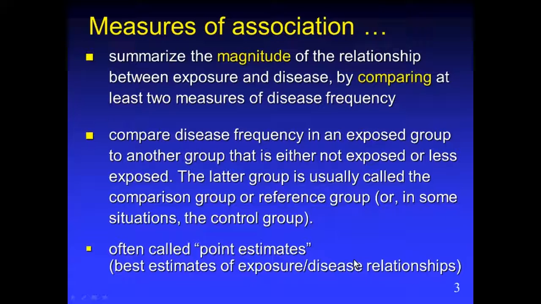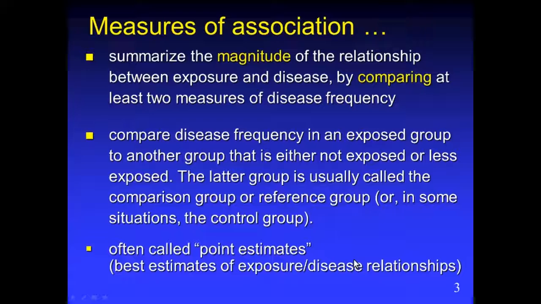So we often use the term measures of association, and these are summary measures intended to summarize the magnitude, the size of the relationship between the exposure that we're interested in and the disease outcome. And usually this operates by comparing at least 2 measures of disease frequency, either incidence or prevalence.